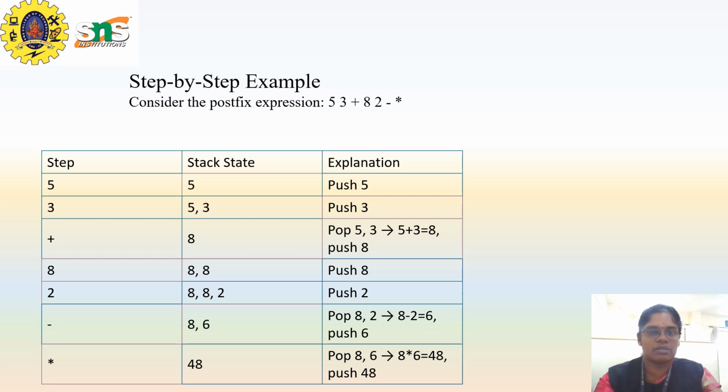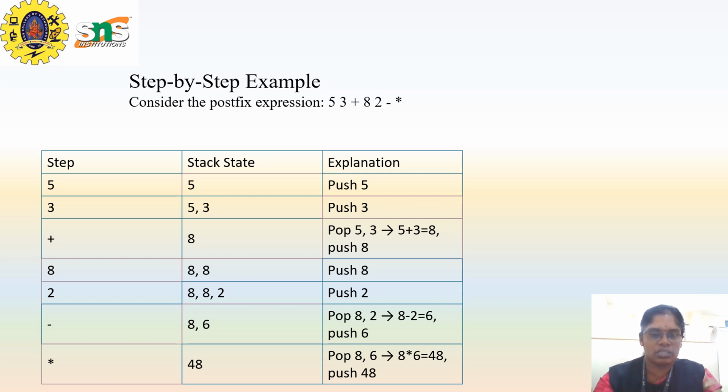Step by step example for postfix expressions: 5 3 plus 8 2 minus then star. Step 1: push the element 5. The stack state is 5. The value 5 is pushed onto the stack. The next element is 3.